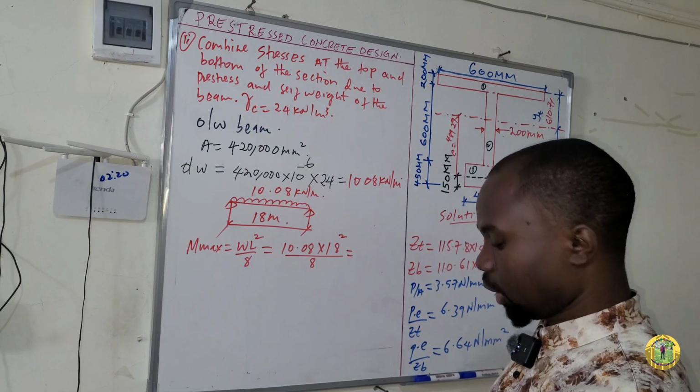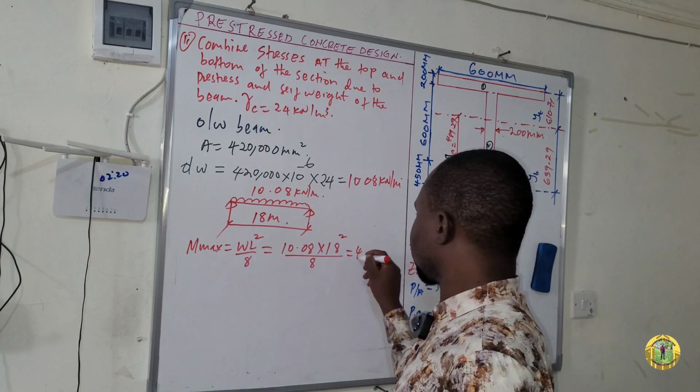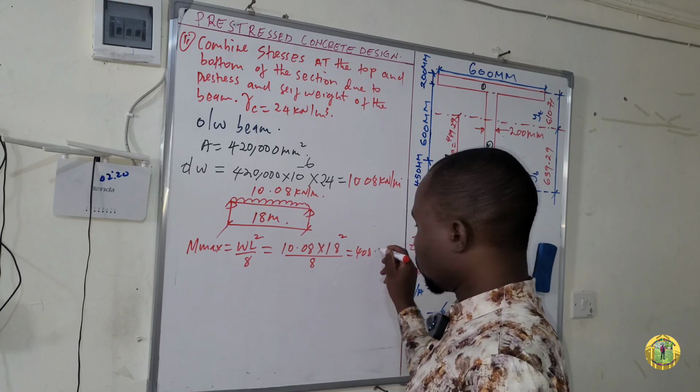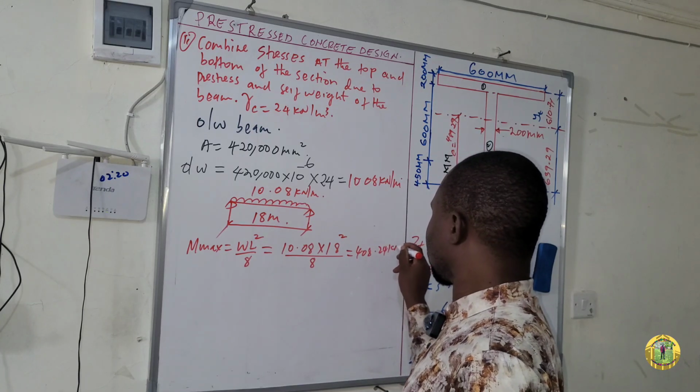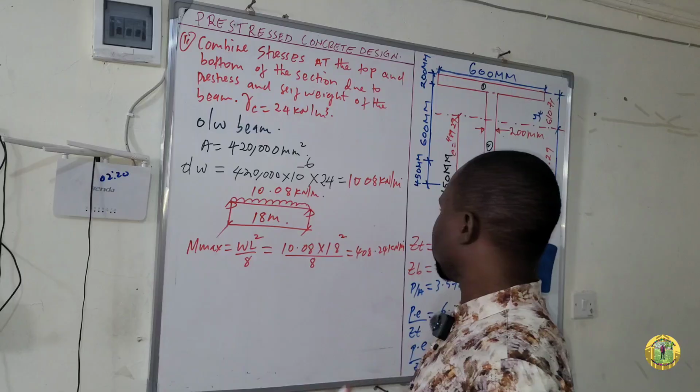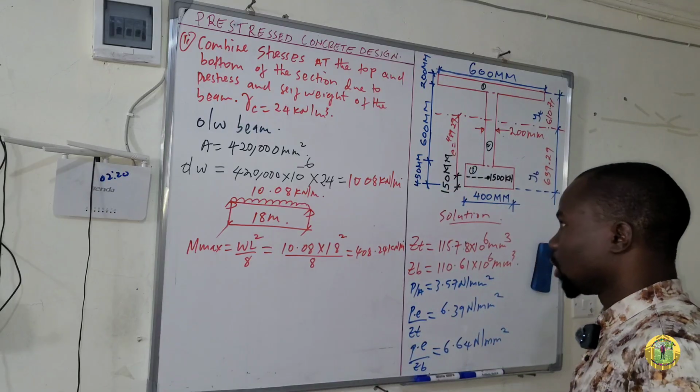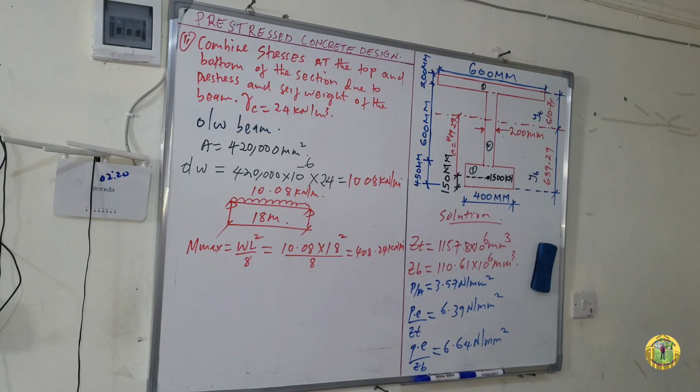So this is 408.24 kilonewton meter. And then from there, we can now calculate the stresses.